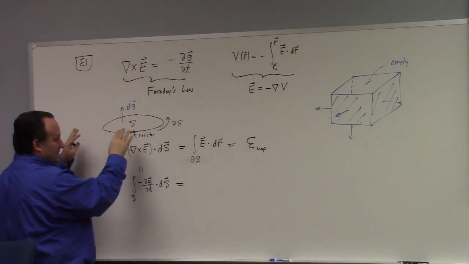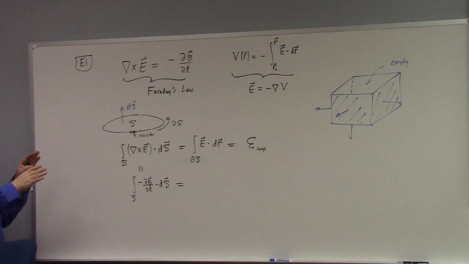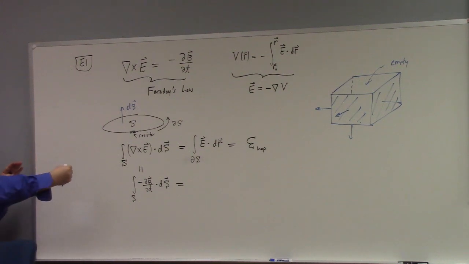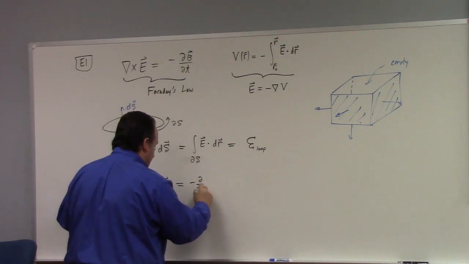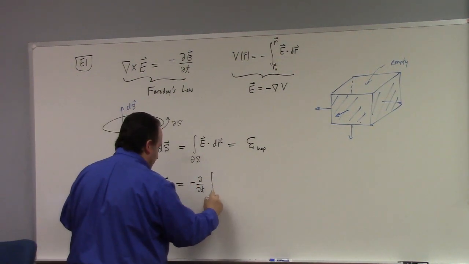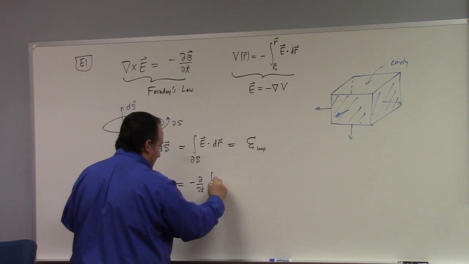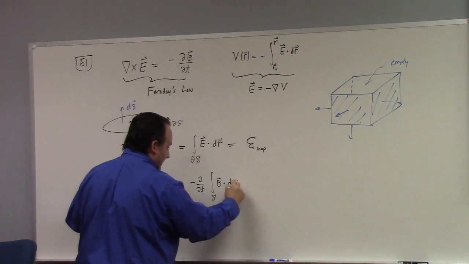Like S is fixed in time. If that's the case, then it's reasonable to pull the time derivative out of the integral. And so what you'd have is minus partial t of the integral over the surface of B dot ds in that context.